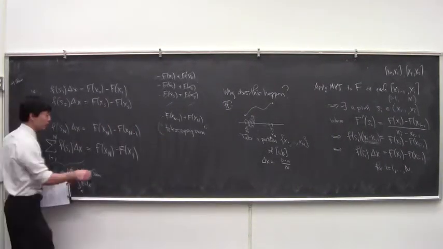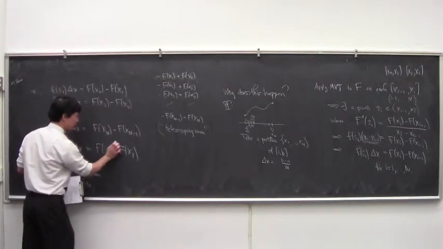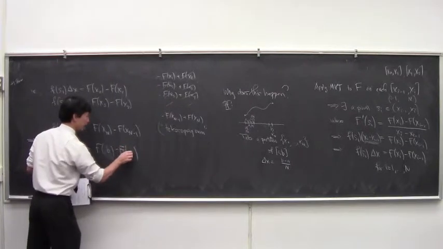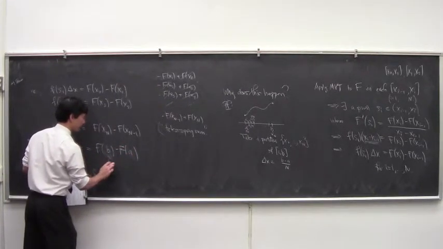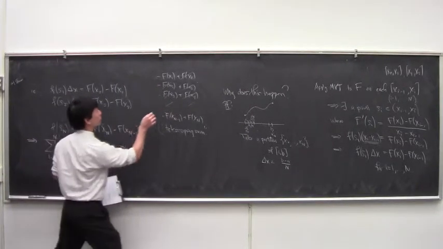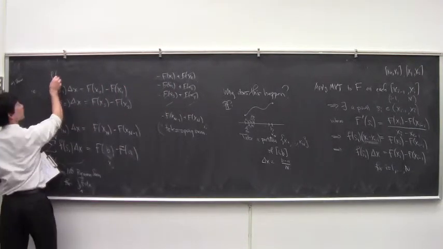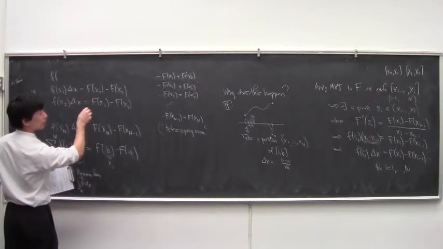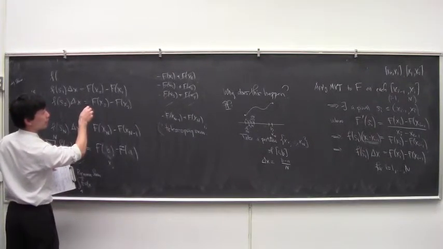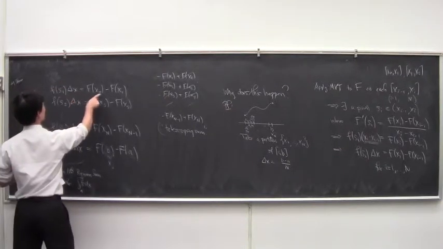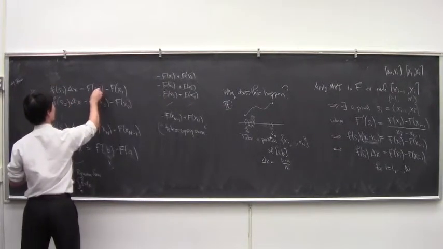Okay? xn is b, and x1 is a. Sorry, I should have started from 0. There should be a zero term here. Sorry, I messed up a little bit. This should actually be x1 minus x0.